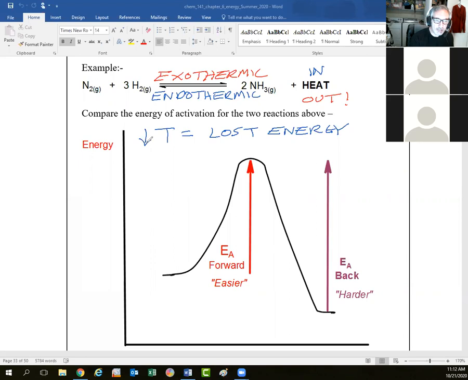So decreasing temperature is like removing energy, a little bit like removing a chemical, as we talked about on Monday. And so we've got to replace that chemical. In this case, replace that energy. And the exothermic reaction, which is producing energy, replaces the energy.